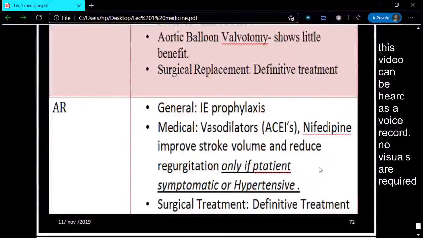Prophylaxis, vasodilators, nifedipine, stroke volume reduced regulation, only if the patient is hypersensitive.